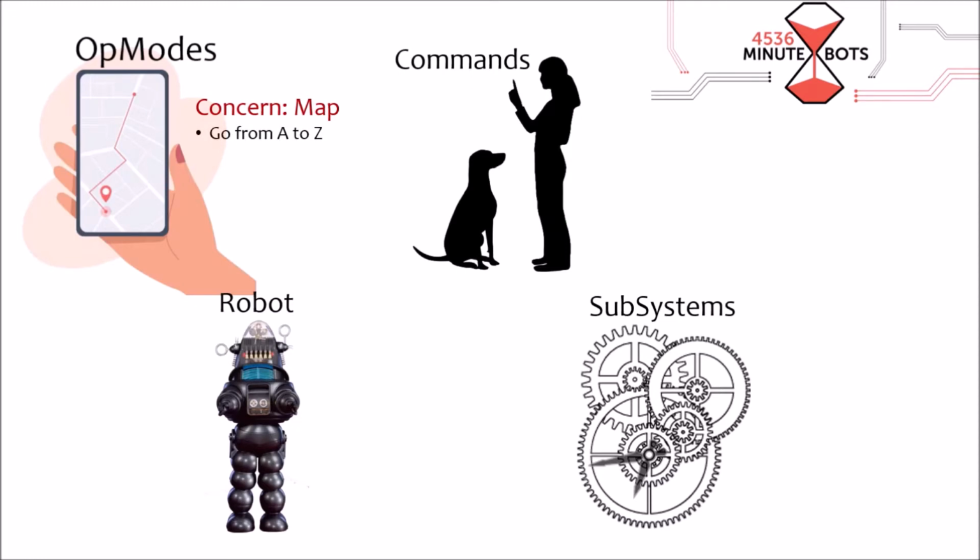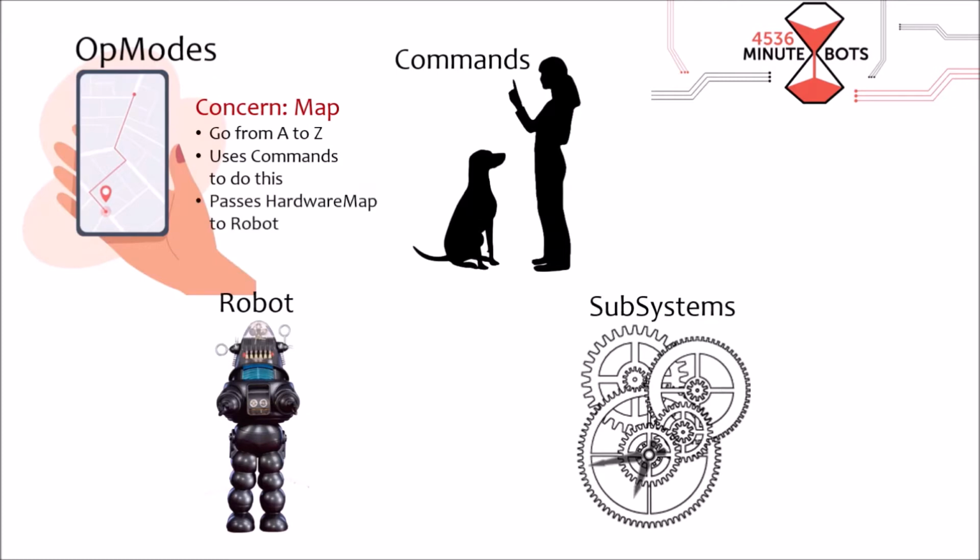For example, it will say something like, go forward 4 inches, turn right 90 degrees, go forward 2 inches, turn left 45 degrees. It lays out the pathway to accomplish what you're trying to accomplish. In order to do this, it's going to use commands. It's never going to interact directly with the subsystem. It's going to go through commands to accomplish this task. This helps protect the subsystem so you do not have multiple things trying to reach into it.